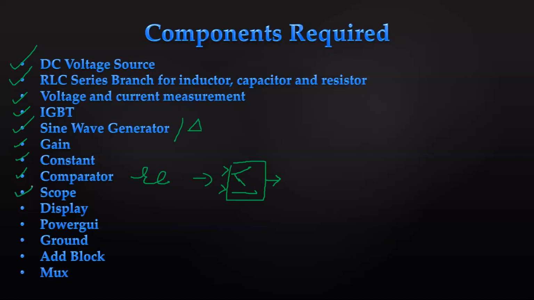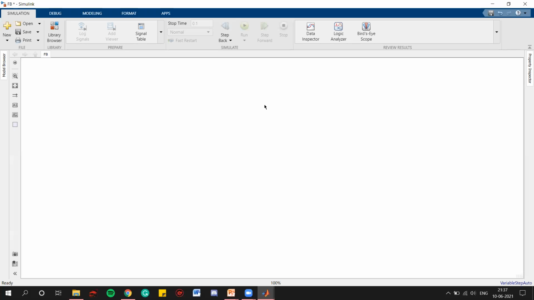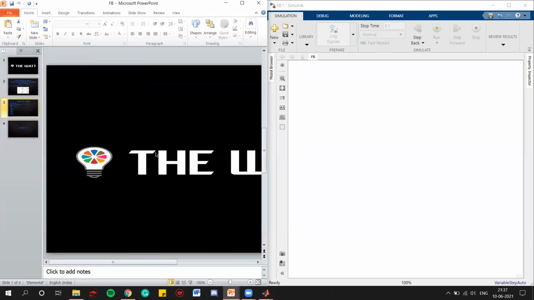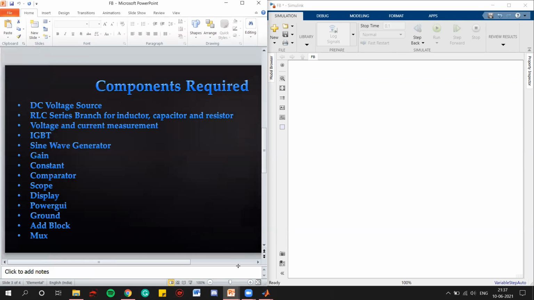One scope, one display, power GUI, ground block, add block, and multiplexer. One more thing that we will require is the logic gate. From this logic gate, we will make our NOT gate to give the same pulses but in the opposite direction to the other two semiconductor switches. So let's see how we will do the simulation. Let's check what we need here.